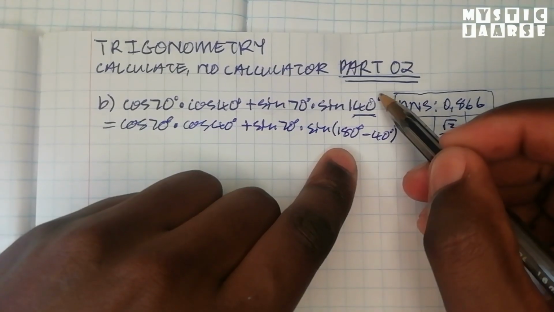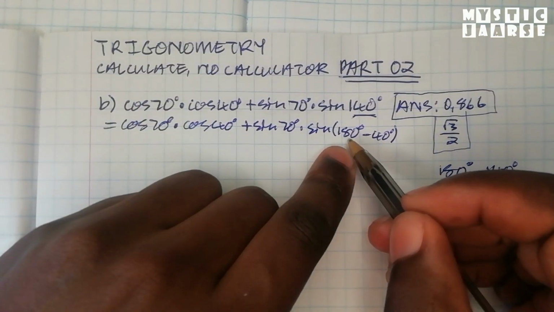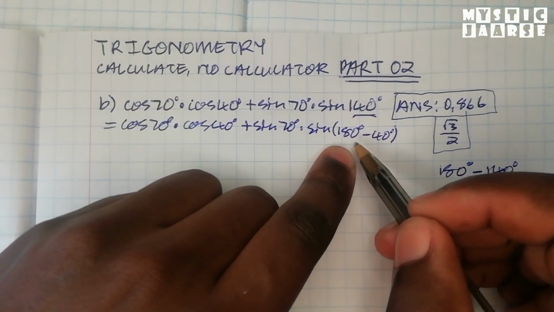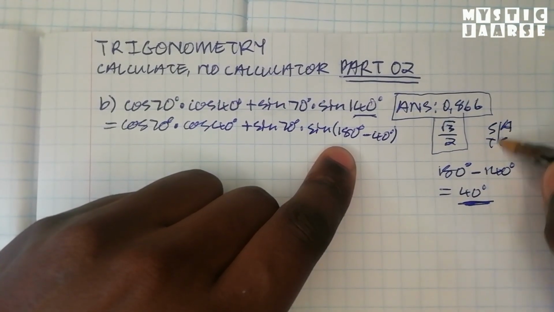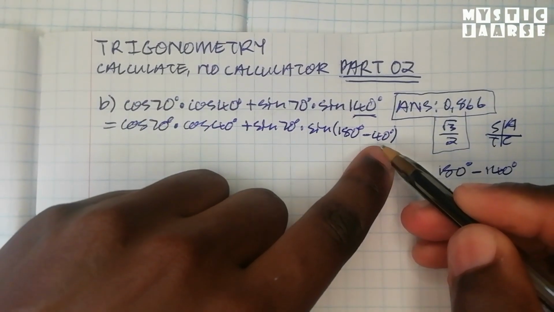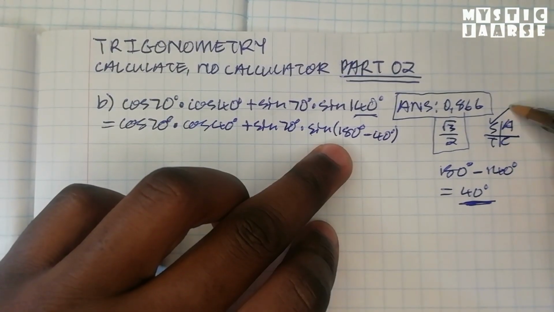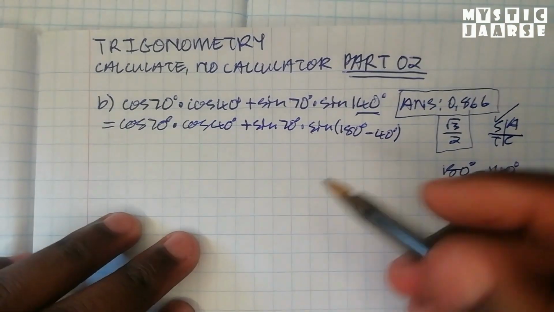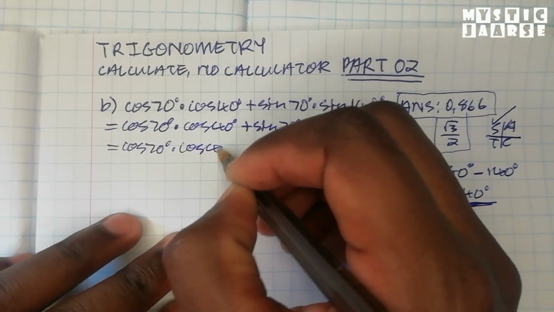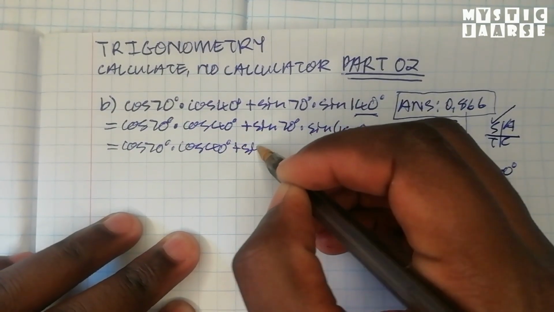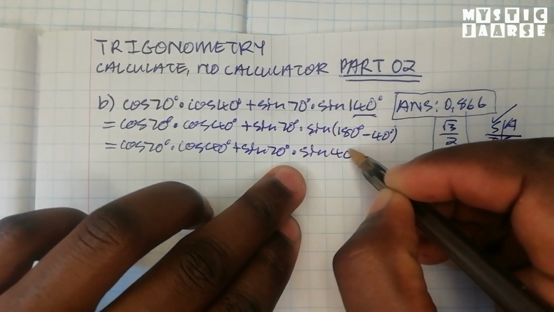So we just found a way to represent 140 in terms of 180, because if we have 180, then we can use our CAST method to get rid of it and be left with 40. So sine of 180 minus, that's the second quadrant, right? And sine is positive, so we will have cos of 70 multiplied by cos of 40 plus sine of 70 degrees multiplied by sine of 40 degrees.